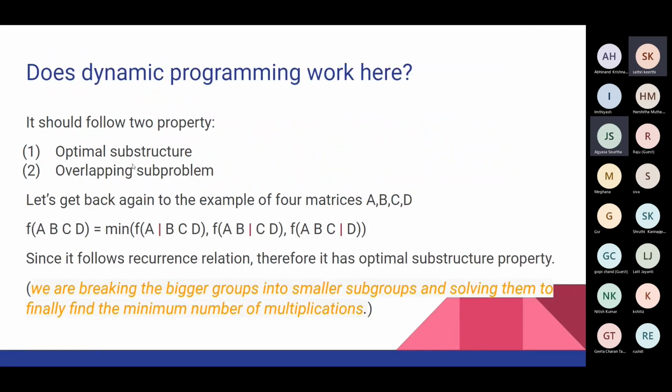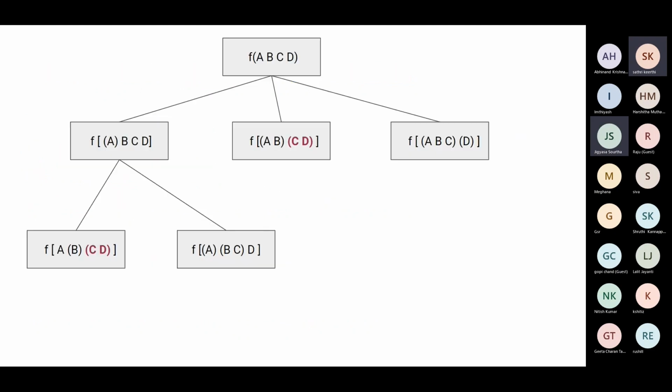The second property that the problem should follow for dynamic programming to work is overlapping subproblems. Yes, it does. Let's say you are computing the cost of multiplication for ABCD. It can be split in three ways: A into BCD, AB and CD, and ABC and D. The first can again be split into two: A multiplied with BCD, and so on.